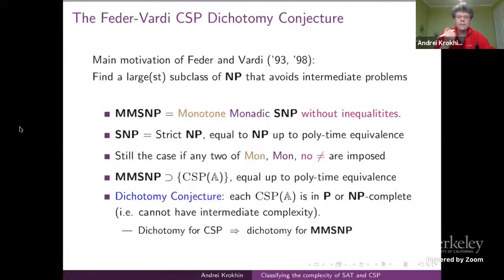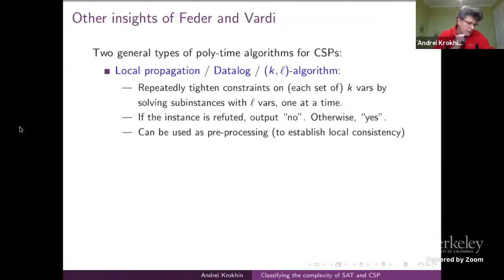And clearly, if we can prove this for CSP, it follows that MMSNP would also have a dichotomy, P versus NP complete. So this was the main motivation of Feder and Vardi, but this paper is famous for many reasons. And one of them is the richness and diversity of ideas in this paper. So I will just mention a few.